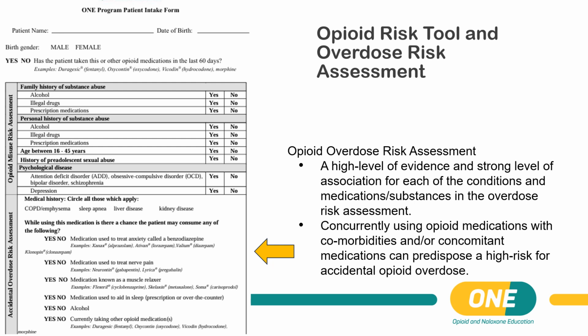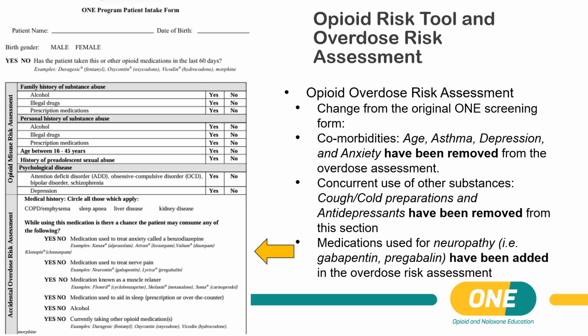Concurrent substances or medications that have been linked to a high association for overdose when used with opioids include benzodiazepines, neuropathic pain modalities, for example, gabapentin, pregabalin, muscle relaxers, sedative hypnotics, alcohol use, and additional opioid combinations. These align with extensive evidence linking central nervous system depressants and elevated levels of morphine milligram equivalents associated with high risk of opioid-induced respiratory depression.